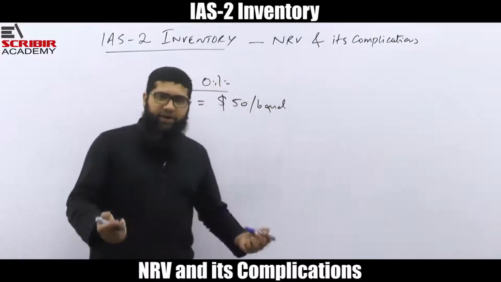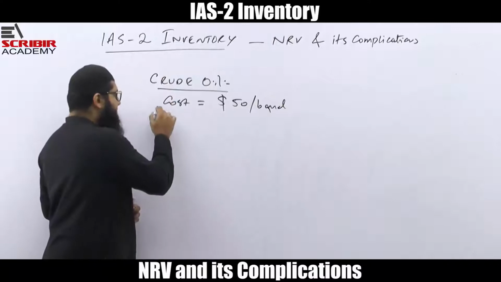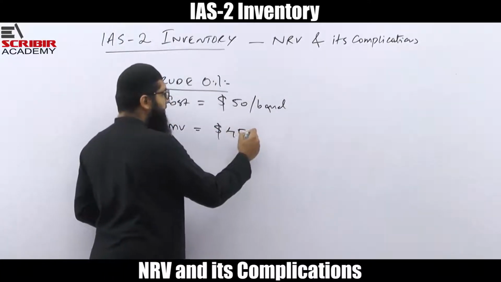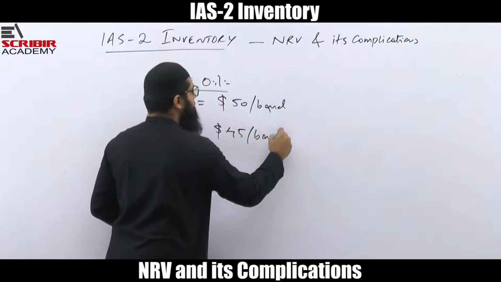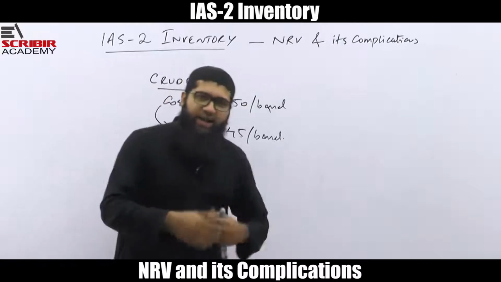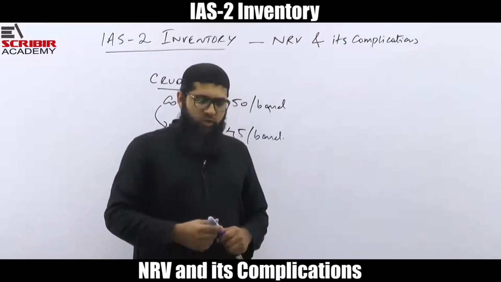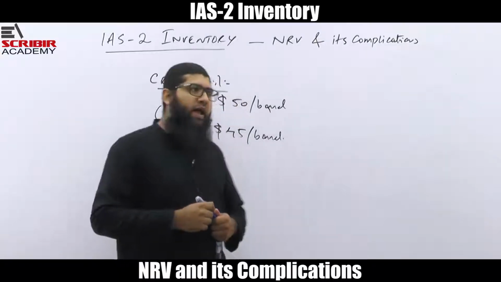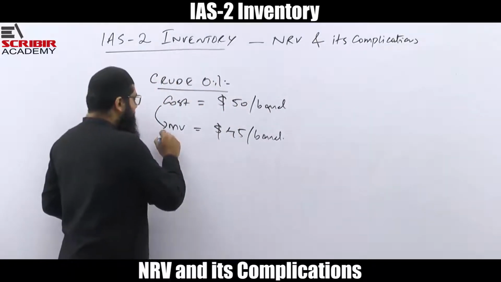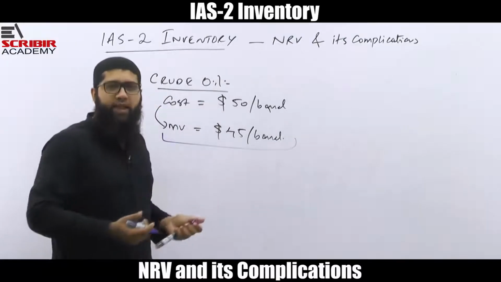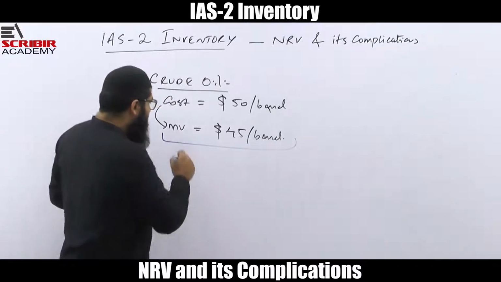And now the market value of the crude oil has gone down to $45 a barrel. So now the question that arises is, should I write down the inventory? A very important thing is discussed in IAS 2 Inventory, and that is that you need to perform an evaluation of what it is that you sell. What is it that you sell? Do you sell crude oil?